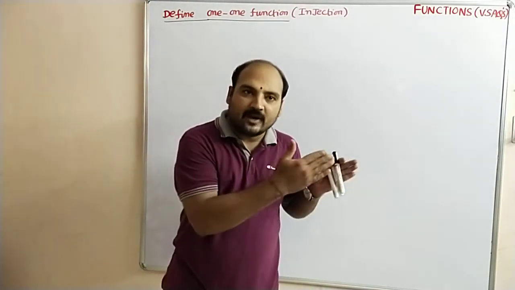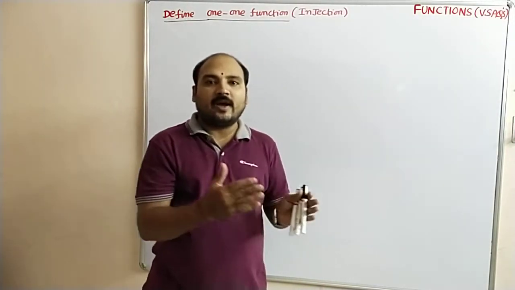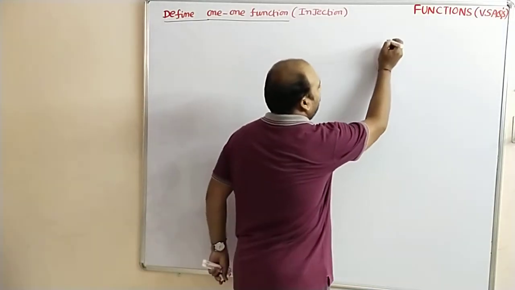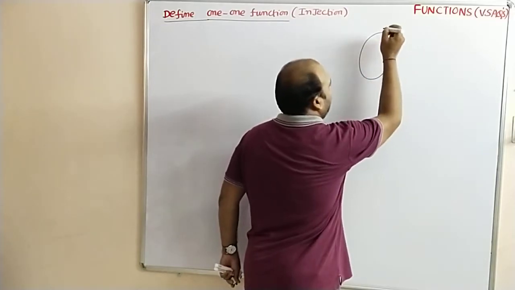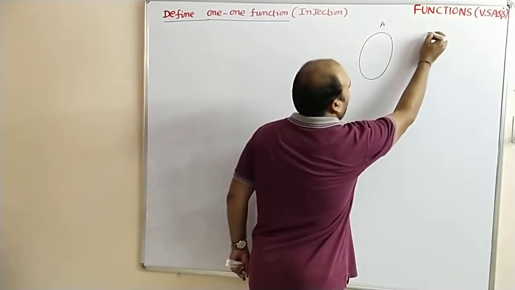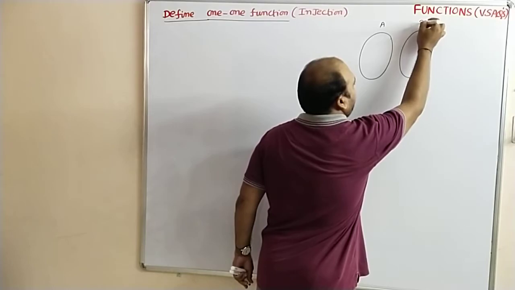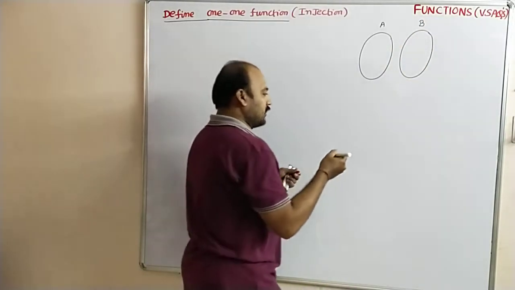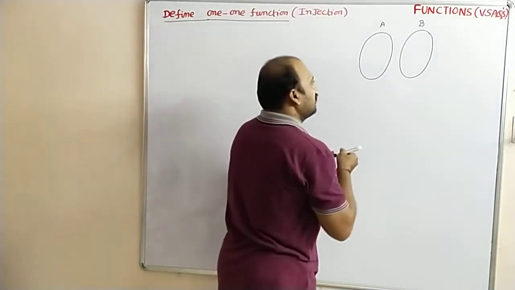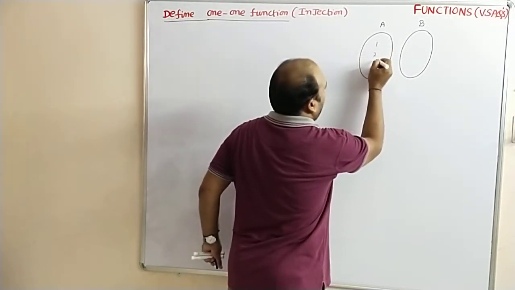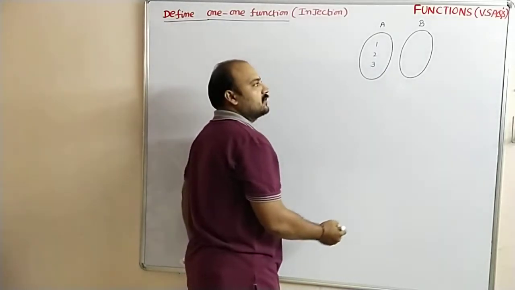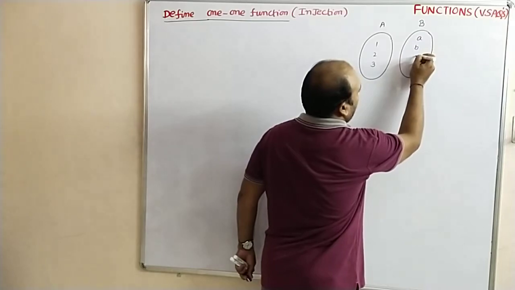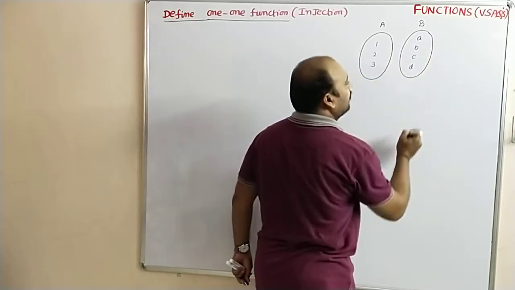If different elements of A have different images in B, observe the figure. This is set A, this is set B. In set A, I am taking 1, 2, 3. In set B, we are taking a, b, c, d like this.